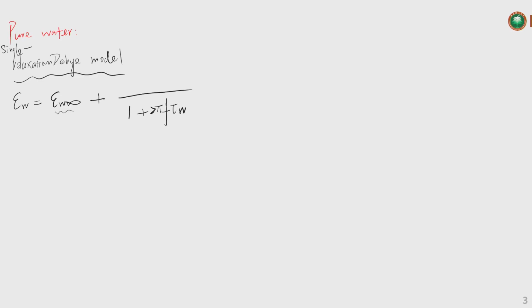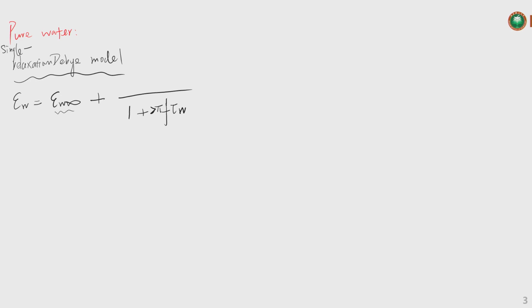The relaxation frequency is there because, according to the measurement, at the relaxation frequency, the imaginary part of the dielectric constant is at its maximum.